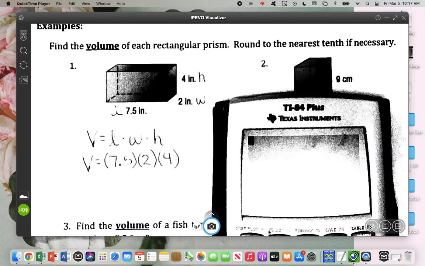But can you type them all on your calculator as one step? All right, so 7.5, which I know you probably can't see what I'm typing on my calculator, times 2 times 4, and that gives us an answer of what? 60. So Harmony, you said, can you get a decimal? The answer is yes, you can have a decimal, but on this one it ended up being a whole number.